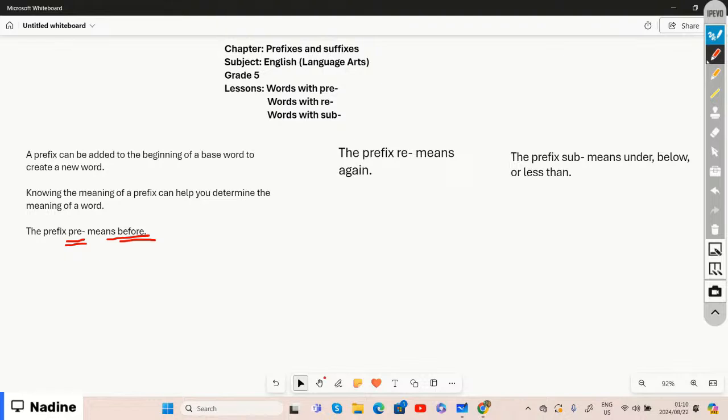If you look at the next prefix, re, re means again.